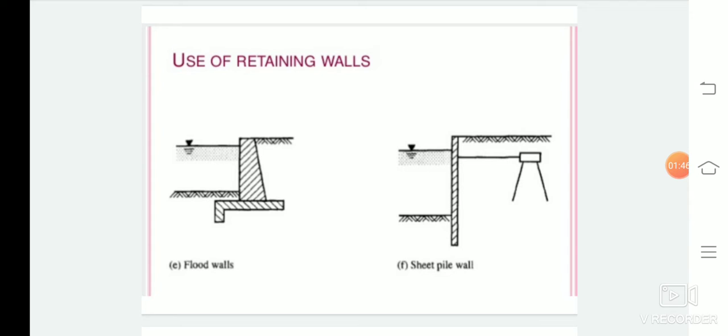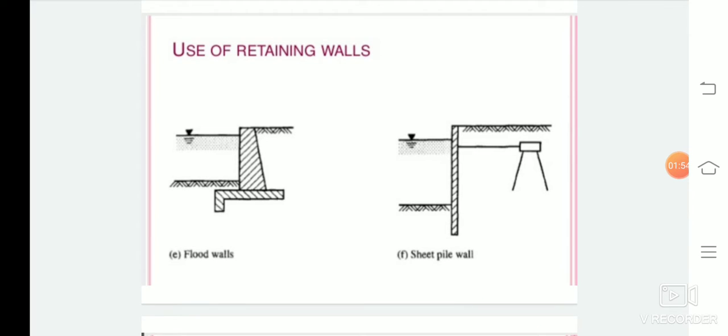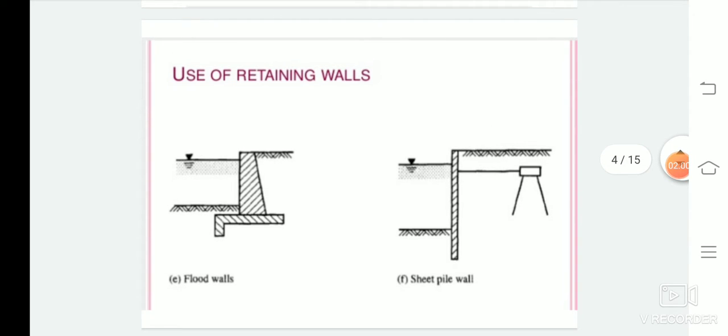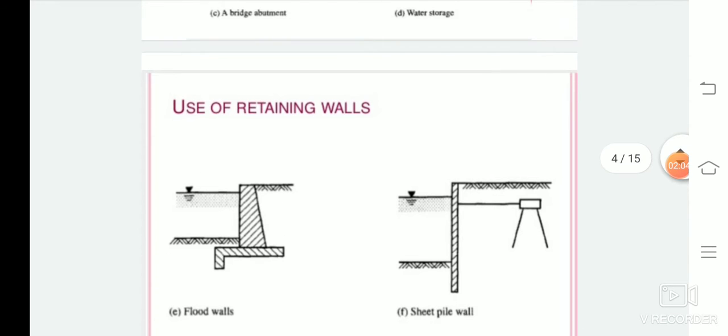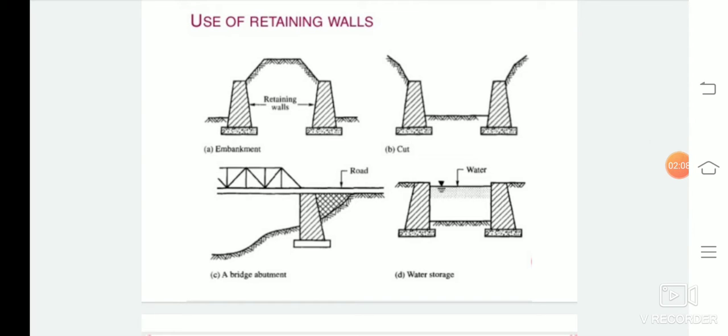The material which is retained or supported by the structure or the retaining wall is known as backfill. This backfill may have its top horizontal or inclined. In this figure, you can see the backfill earth or soil is horizontal. But in case of embankment and cut, it is inclined.